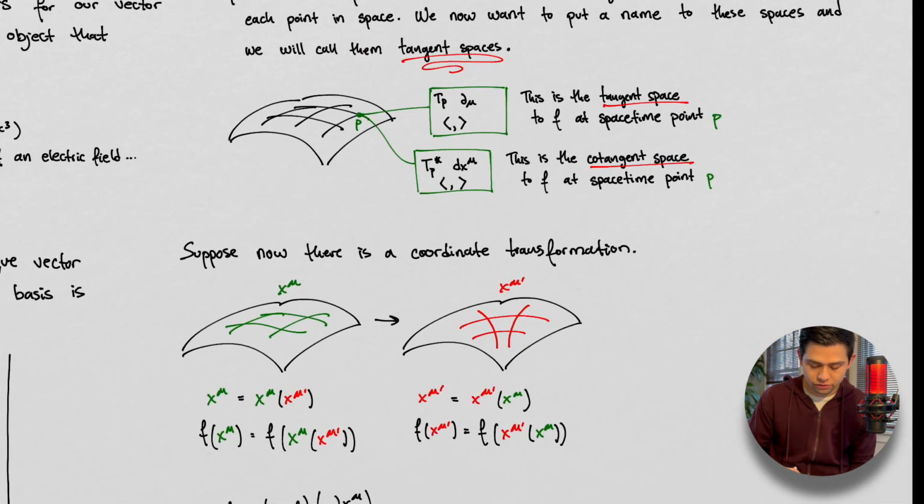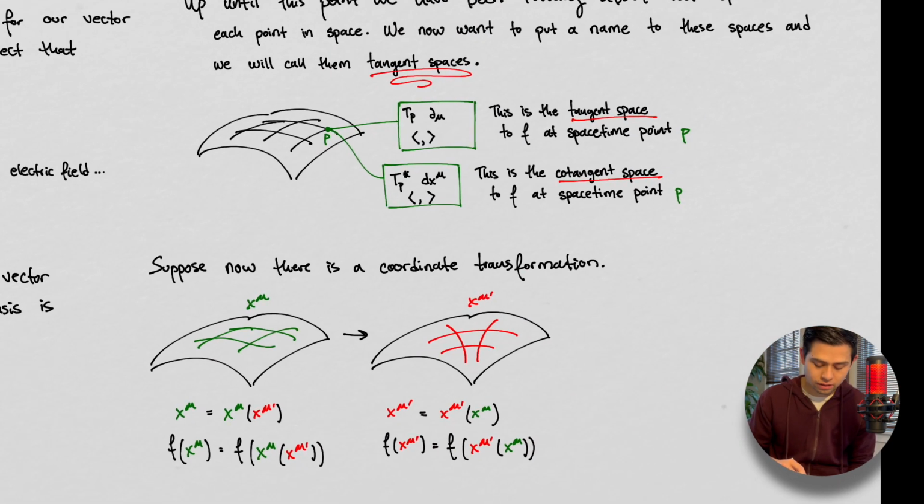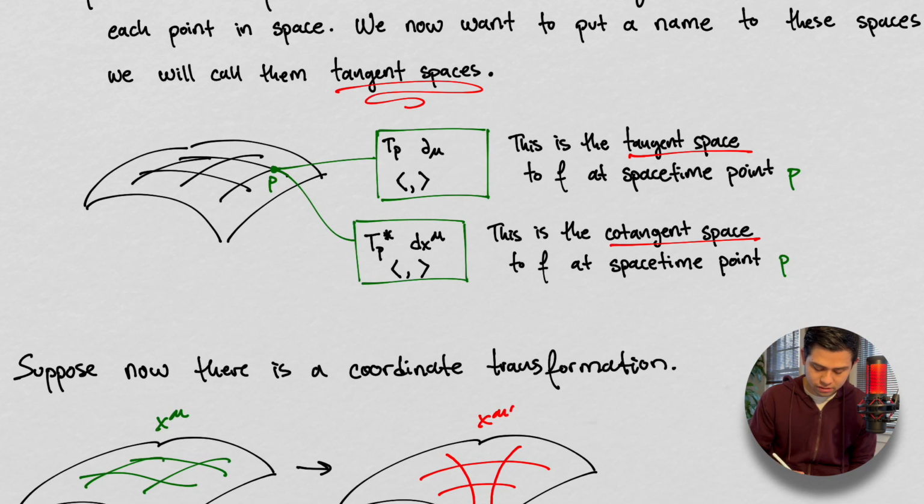The tangent tells us what the derivative is at a particular point, say p again. So when we rename these, we call this TP, the tangent space at P, and TP star is the cotangent space at P. Right, so this is a cotangent space.